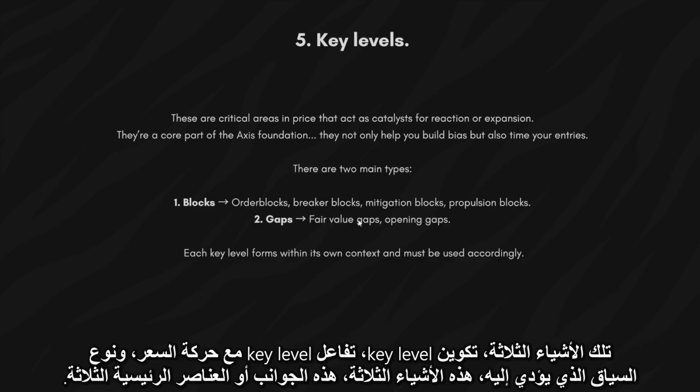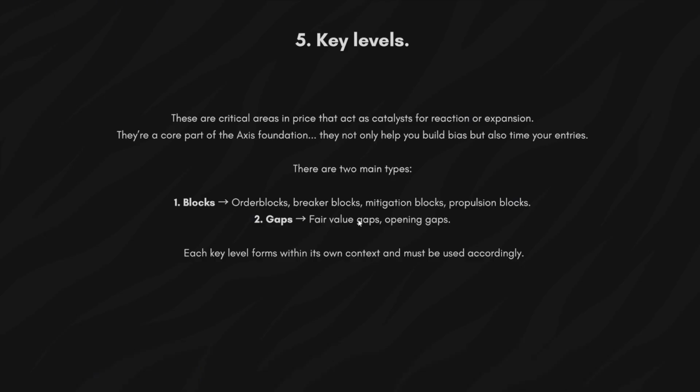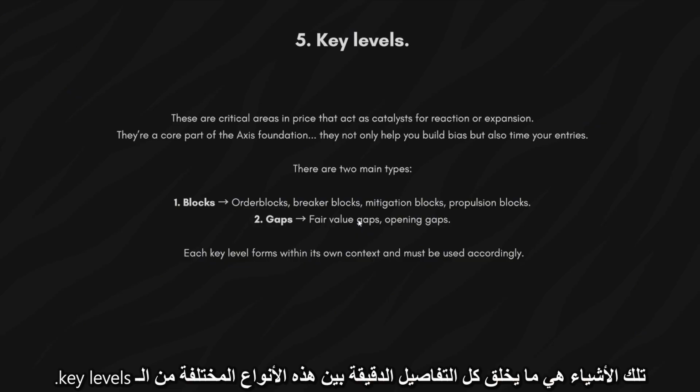Those three things, the formation of a key level, the interaction of a key level with price action, and what sort of context it leads to, these three key aspects or elements, are what creates all the nuance between these different kinds of key levels.